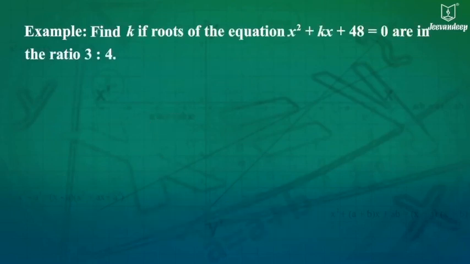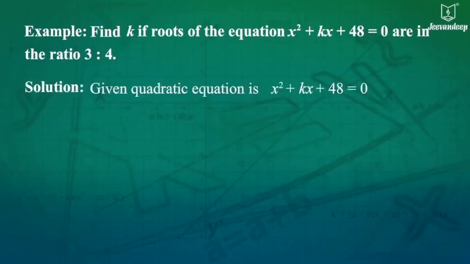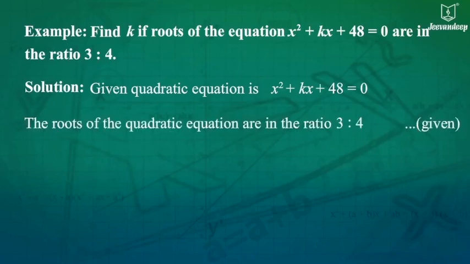Example. Find k if roots of the equation x square plus kx plus 48 equals to 0 are in the ratio 3:4. Given quadratic equation is x square plus kx plus 48 equals to 0. The roots of the quadratic equation are in the ratio 3:4 as given.